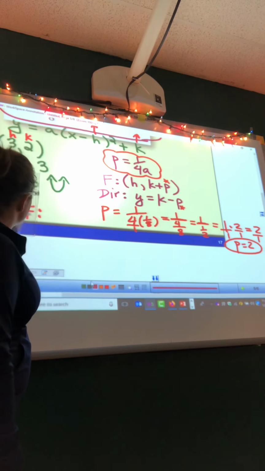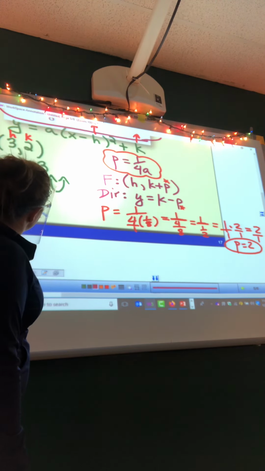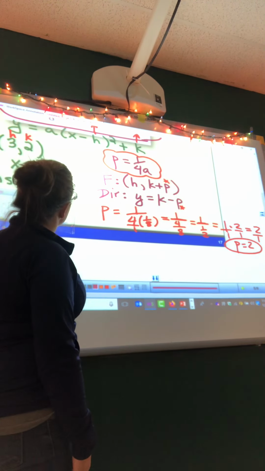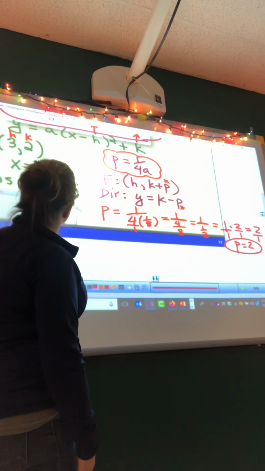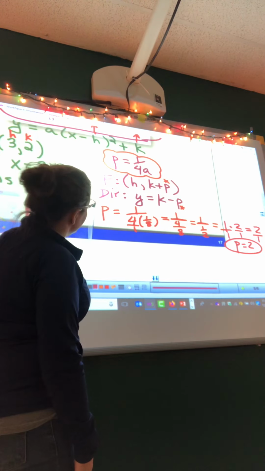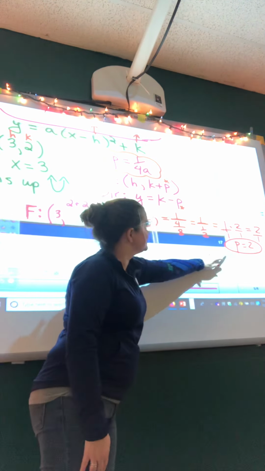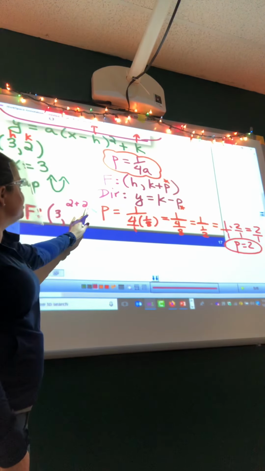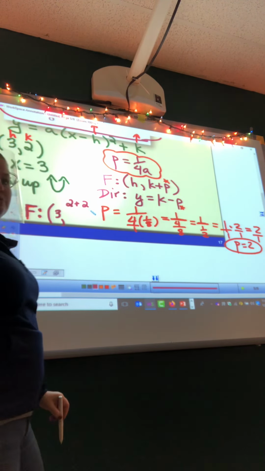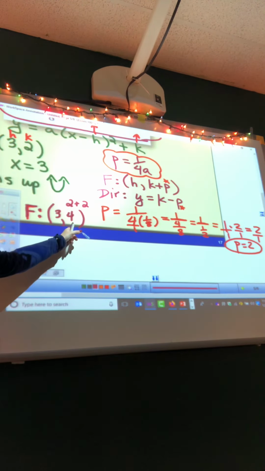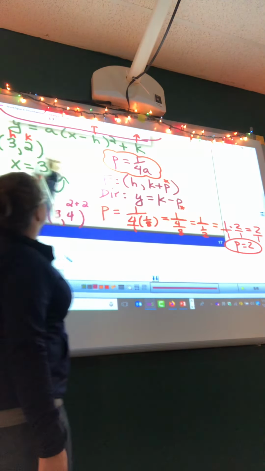We want h, which we already know is 3. I want k, which is 2, plus my p. So k plus p, p is 2, k is 2, 2 plus 2 gives me 4. So my focus is at (3, 4).